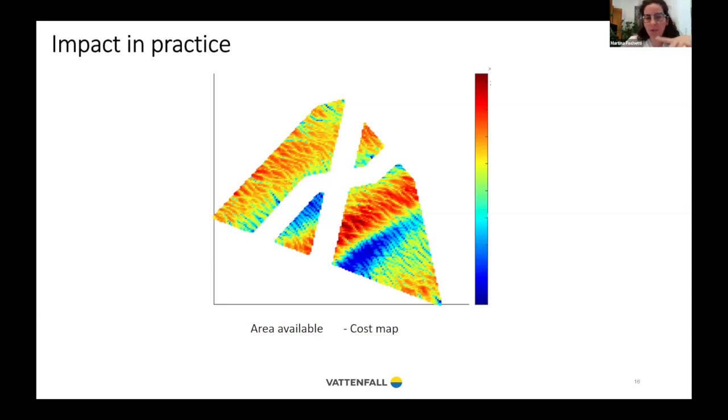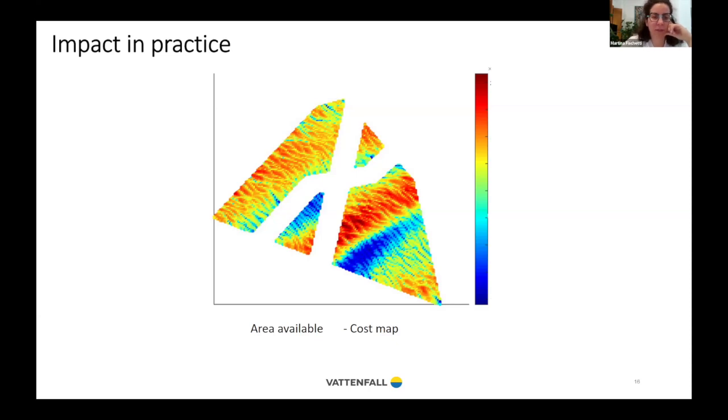They have different water depths and different conditions of the bottom of the sea. So the result is that there were positions that were much more expensive to build on, the red ones, and the blue ones that were cheaper. I cannot show the numbers here for privacy reasons, but the main concept is this one.